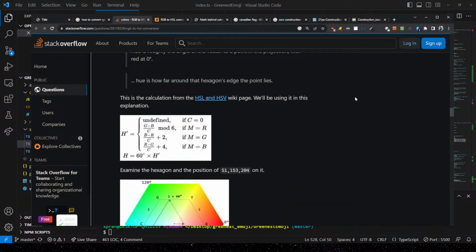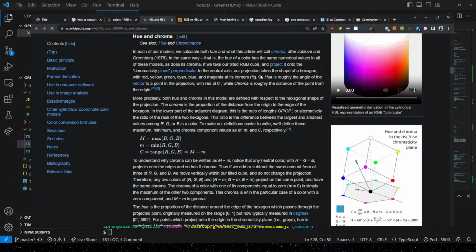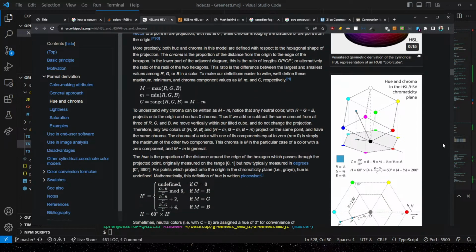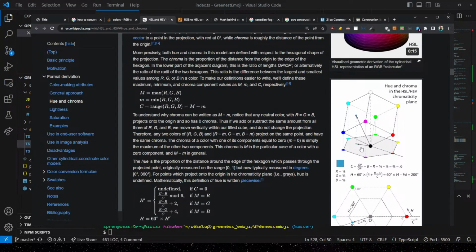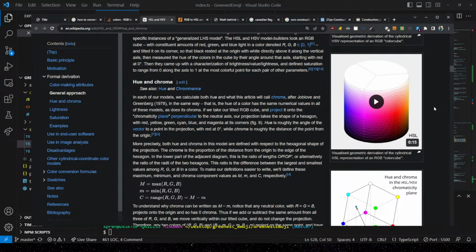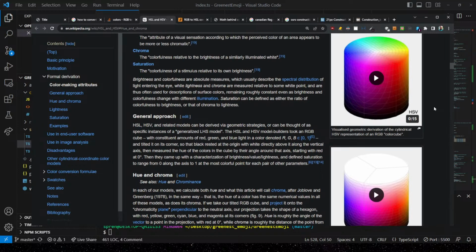And this is the calculation from the wiki page. Suddenly I understand what they were trying to talk about here. That's interesting. I don't get the cylinder one, though.